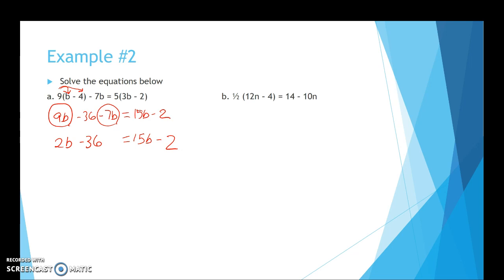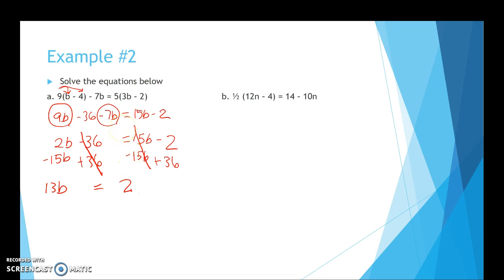So what I'm going to do here is add 36 to both sides, and subtract 15b from both sides. The 36 cancels on the left, the 15b cancels on the right. 2b minus 15b is going to give me negative 13b, and then negative 2 plus 36.